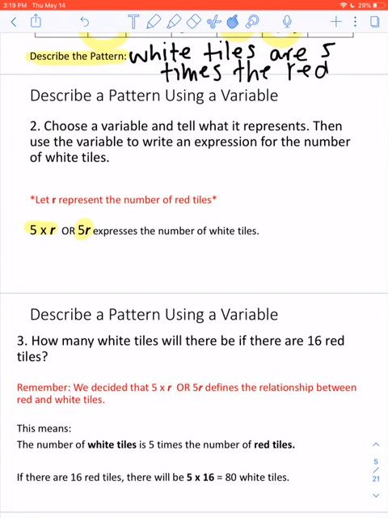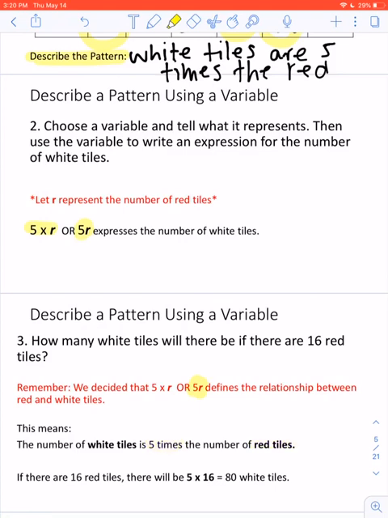So here's a good example. How many white tiles will there be if there are 16 red tiles? We said that our expression 5r defines the relationship between red and white tiles. So this means the number of white tiles is always going to be 5 times the number of red tiles.